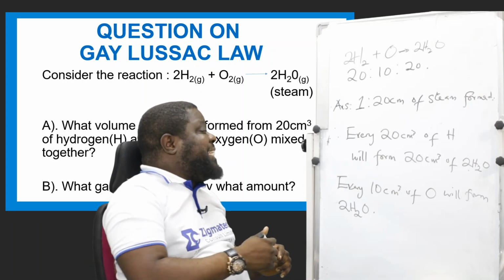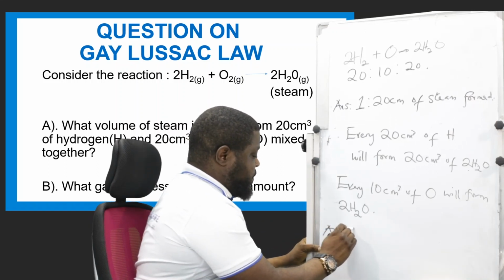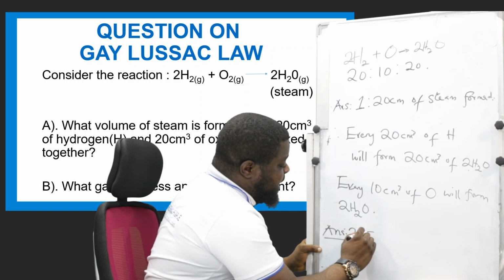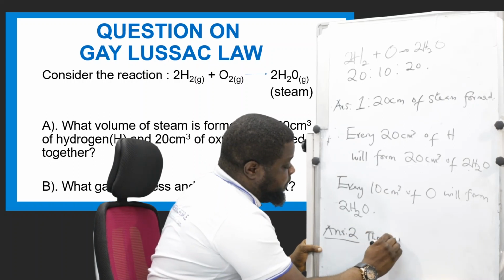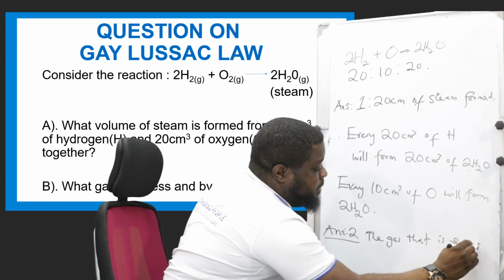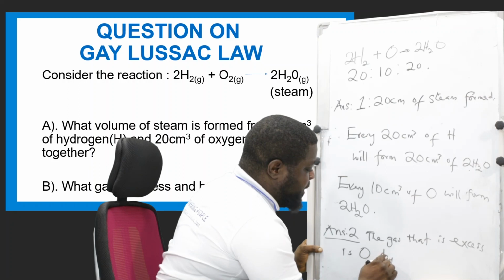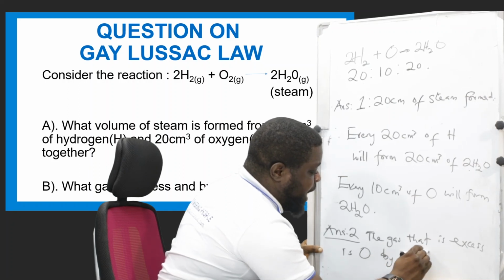So in essence, the gas that is in excess, answer 2, is oxygen by 10 centimeter cube.